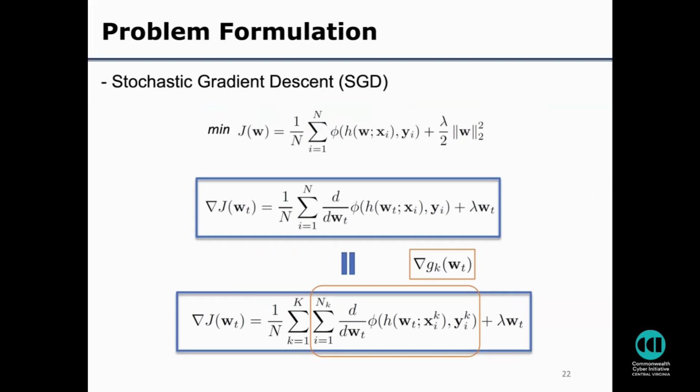In the T-th iteration, the gradient of J with respect to the model parameter W is given by this equation. When we split the n samples into the k parties, this can be rewritten as this equation.